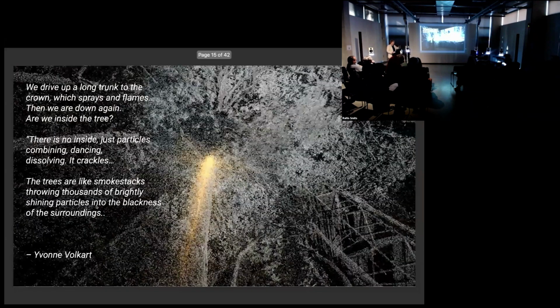So what is happening? How can you experience something which you couldn't? We are bringing the viewer up to the tree, and these trees are sparkling because they are emitting volatile emissions. They are under drought or climate change effects, and they are trying to survive, and they are emitting a lot of these emissions.